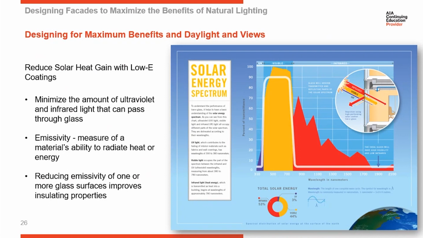If you look at the illustration here, low E coatings on glass are bouncing the heat from ultraviolet back to the exterior. They're allowing visible light to pass through to the inside, but they're bouncing heat from ultraviolet back out to the exterior, which is what we want. We want daylight to come through, and we want to minimize the heat coming in with it.